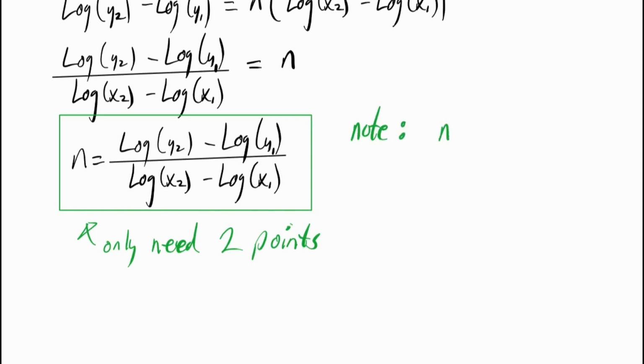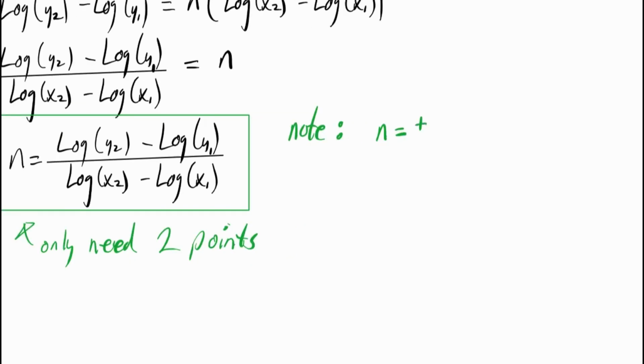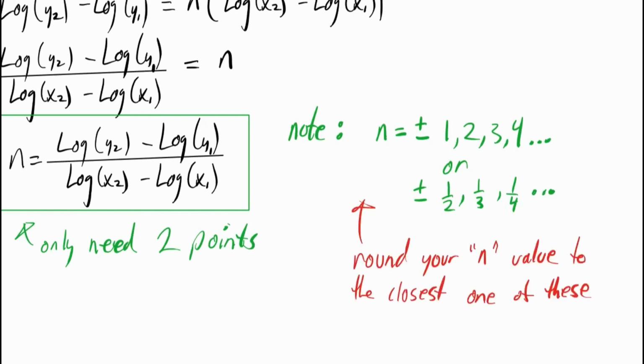Note, your n is going to be equal to plus or minus 1, 2, 3, 4, etc. So your n value is either going to be a plus or minus of 1, 2, 3, or 4, or plus or minus 1/2, which is a square root, 1/3, cube root, 1/4, fourth root, etc. So what you do is based on your calculation, you round the n value you get here to the closest one of these.